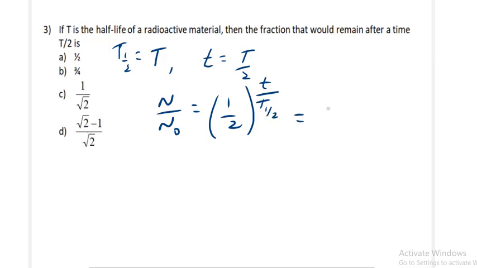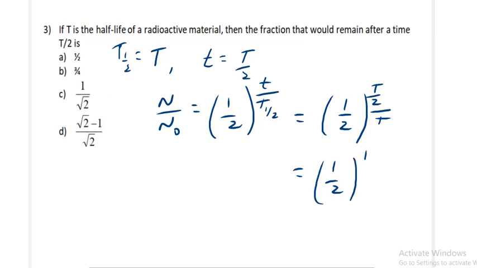So I just substitute the values. Small t is T by 2 and t half is T itself. So here T and T cancel out, and we are left with half raised to half.